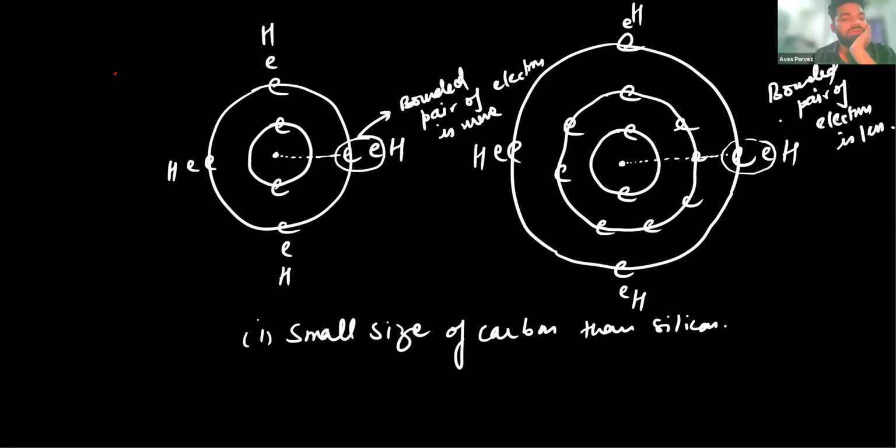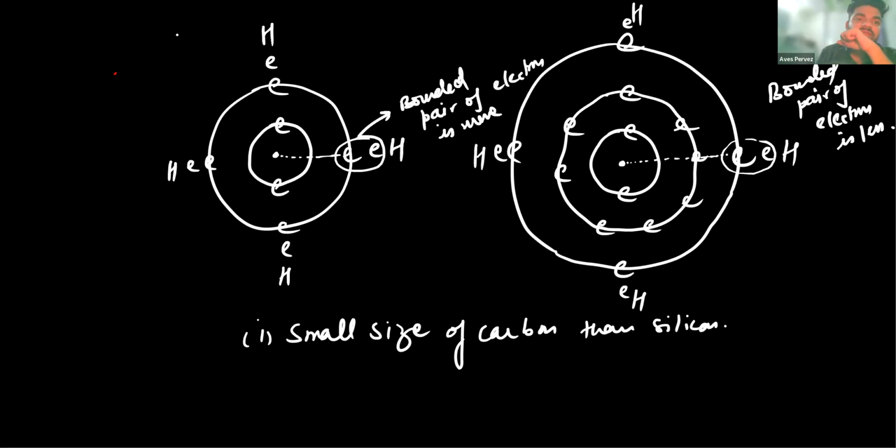Okay, you understood? Understood, everybody? Why is the force here less and here more? Because they are closer to the nucleus. They are closer to the nucleus because of the small size. There are two shells only, so it is closer to the nucleus. You understood, everybody? Yes, sir.